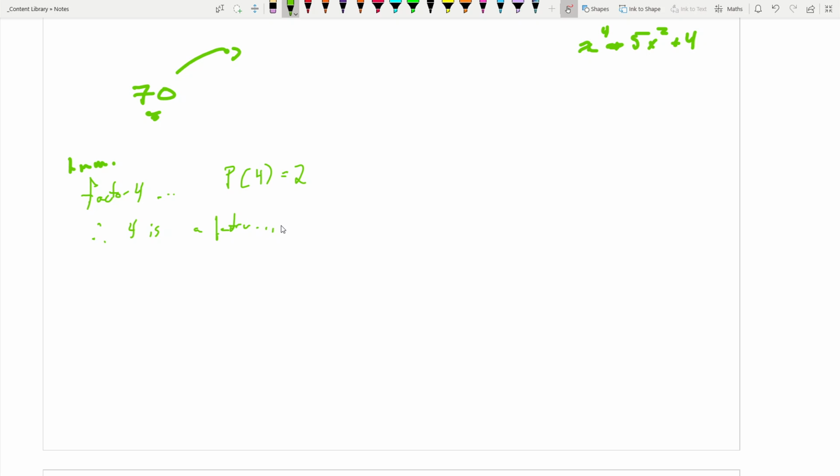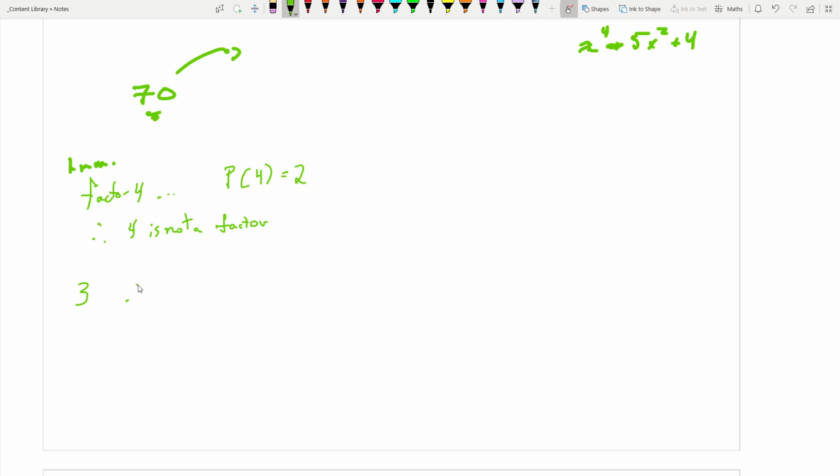Okay, back to the drawing board. Sorry, my writing's so incredibly messy there. 4 is not a factor. So let me go over here. Now, I'm trying to pick a number. Well, how about 3?